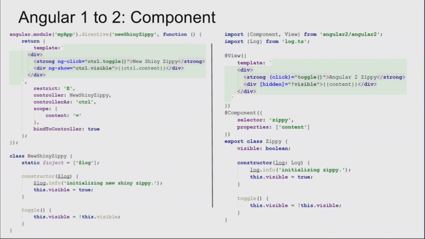The only difference is some syntax changes. So on the left, we're using directive definition object to get all that metadata in there. On the right, we're using decorators. Other than that, these are pretty much the same. The classes that we actually have controlling this component are almost identical. The only difference is how we're doing dependency injection.